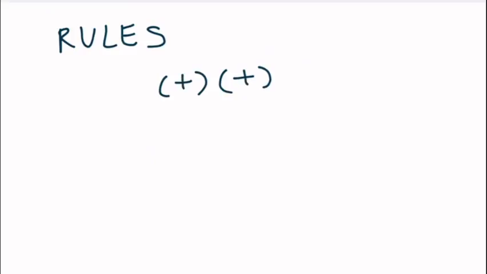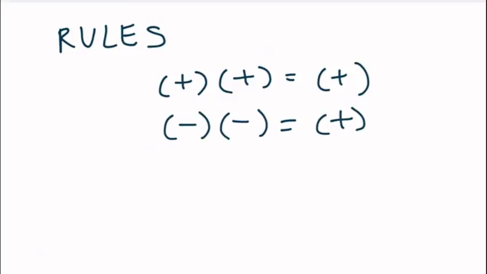So let's go over the rules. When you're multiplying, negative and positive signs are very important. Our first rule is that positive times a positive equals positive. Negative times negative equals positive.